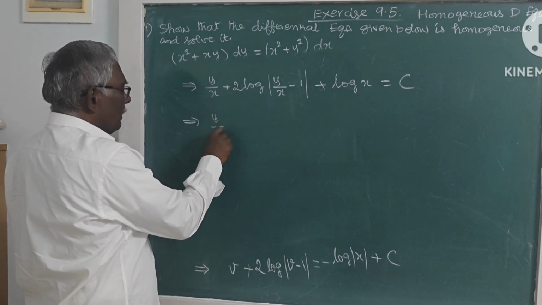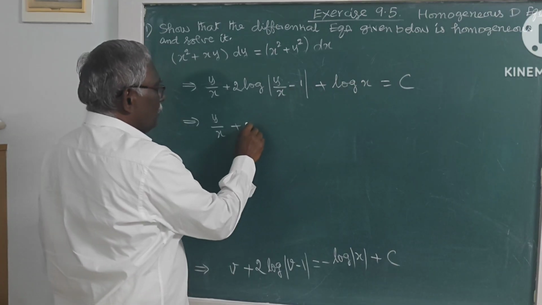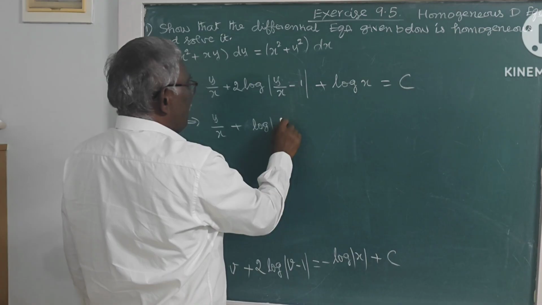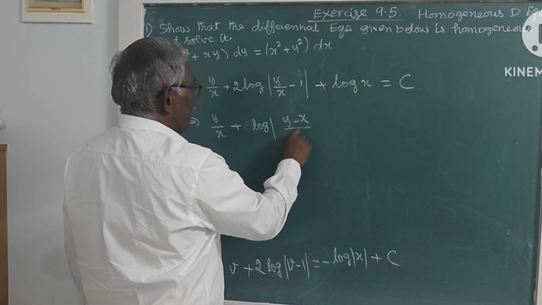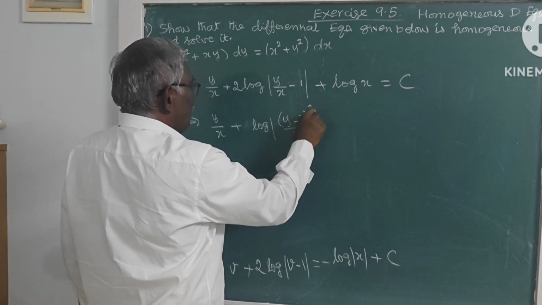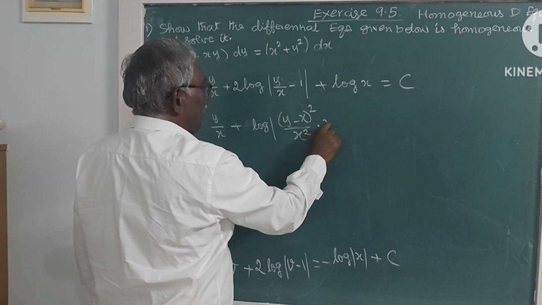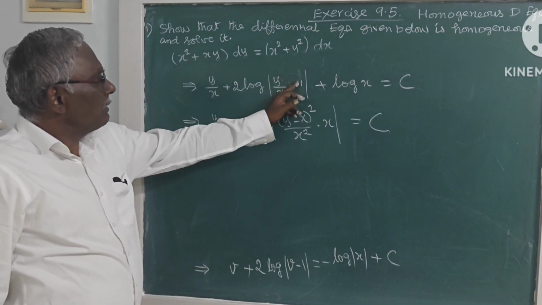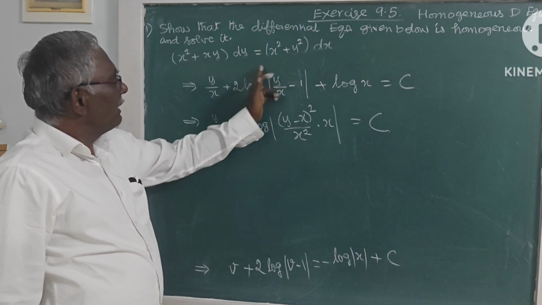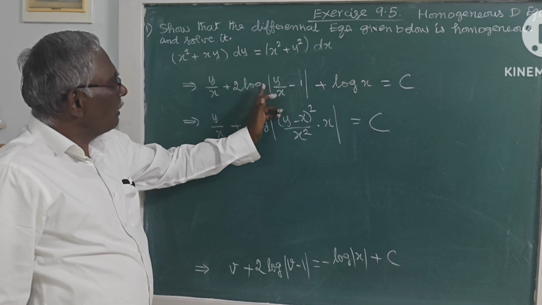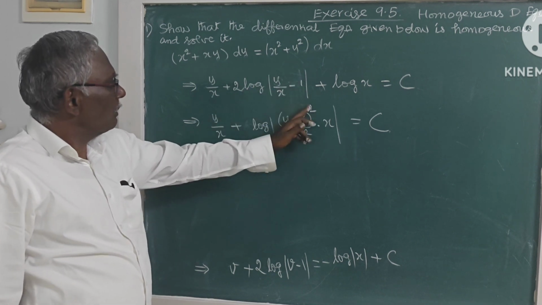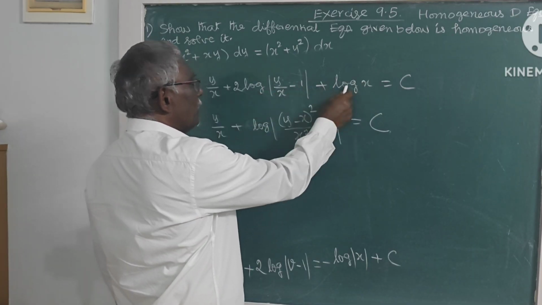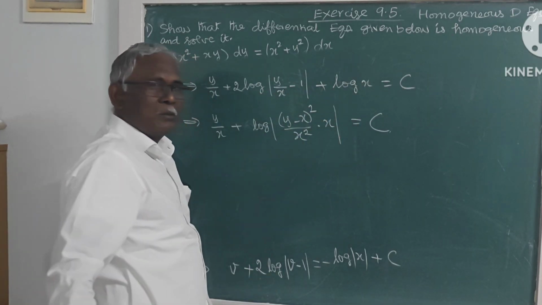Then we can write log of (y minus x) by x whole square times x is equal to a constant. So y minus x by x, taking the 2 to the top, n log m is log m power n, so 2 comes here, then (y minus x) whole square by x square. Log m plus log n is log mn, so c comes.